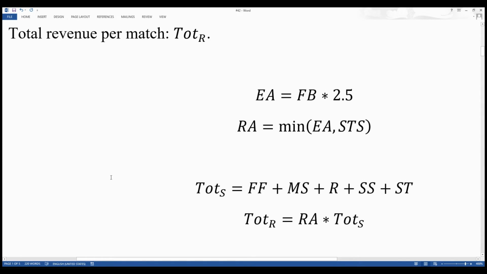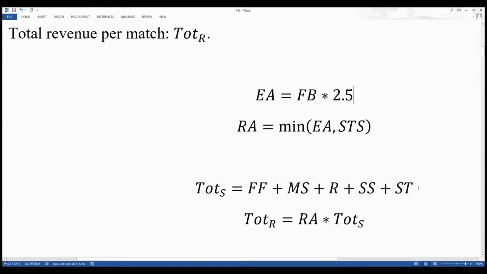First, the total revenue per supporter, which is simply the sum of the revenue produced by each facility. You will recall that we have 5 money-making facilities, but here I put only 4, because the merchandise store doesn't give you money during matches. It only gives money in the beginning of the week, during the economy update. That's why I did not include the merchandise store here.